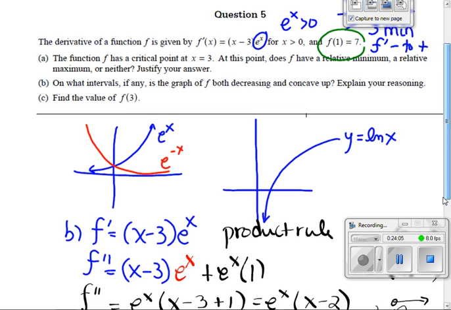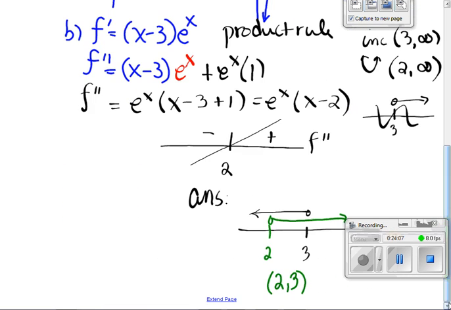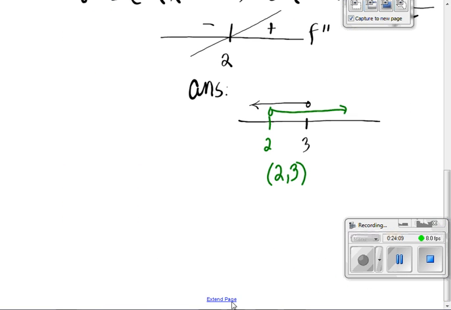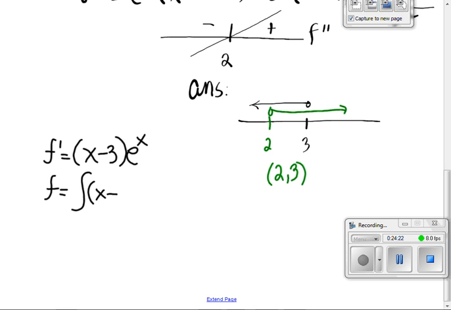Okay, so it'd be x minus 3 first. So f prime is equal to x minus 3 e to the x. So f is equal to the integral of that. Now you could distribute, or you could do it this way. It's up to you.